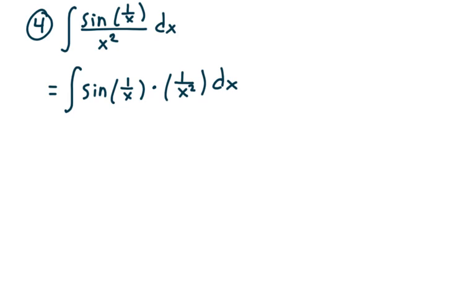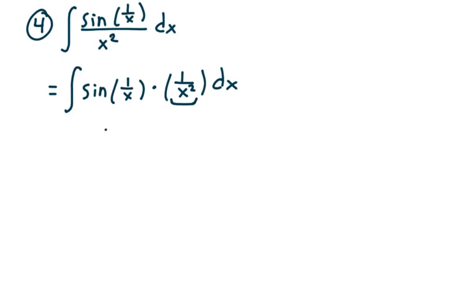Now, why would I do that? Because if I let u equal 1 over x, I know that the derivative is negative 1 over x squared. And that's what I want, because the only thing missing is that negative sign. And we could easily take care of that.